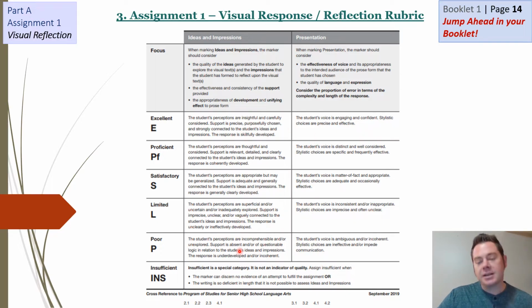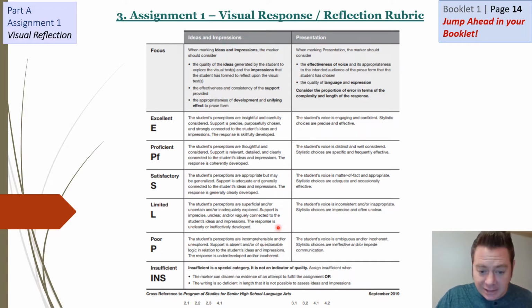And if you take a look at some of the topic key or the rubric keywords that we've got here, for ideas and impressions, it's the perceptions are incomprehensible or unexplored. You probably tried to identify some sort of an issue, so it avoided an INS, an insufficient. However, the student here just does absolutely nothing with it, and so there's no evidence of a real exploration of it.